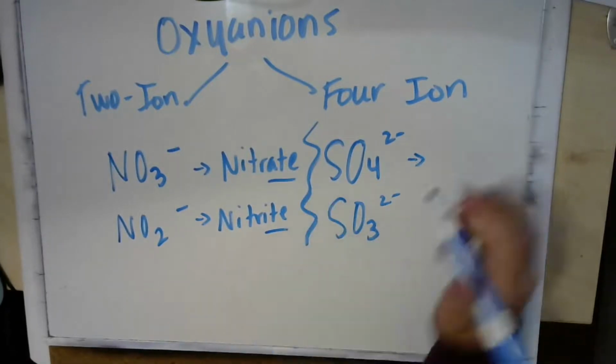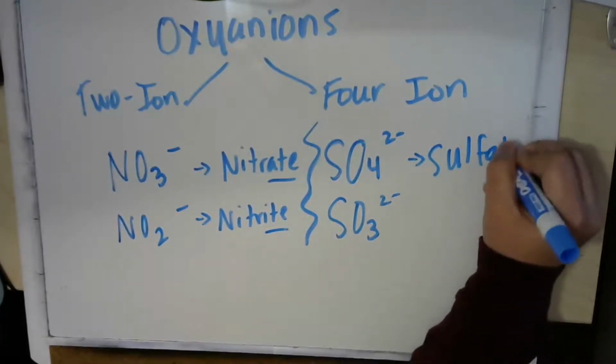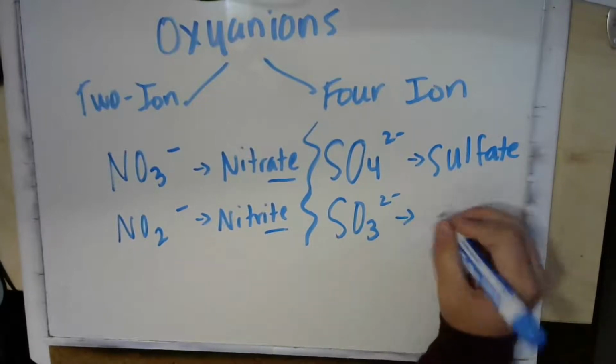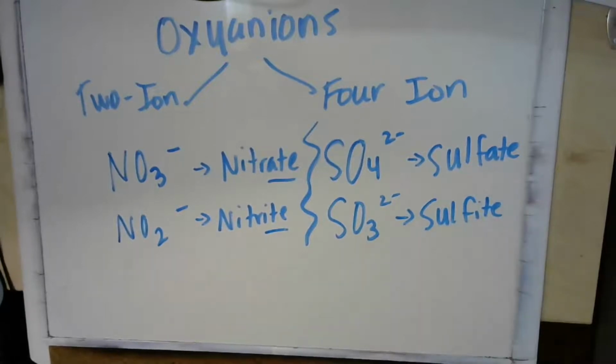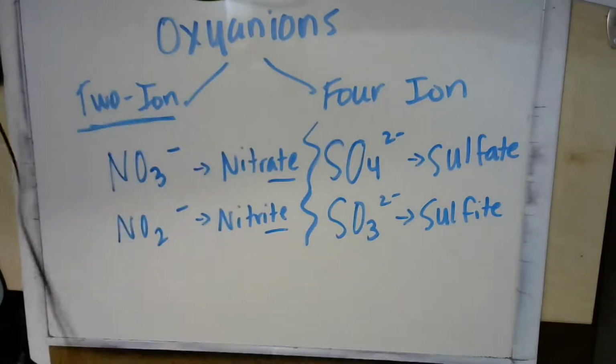The one that has more oxygen is going to have the ATE ending, so that will be sulfate. The one that has less oxygen will have the ITE ending. All right, so that's the 2 ion series.